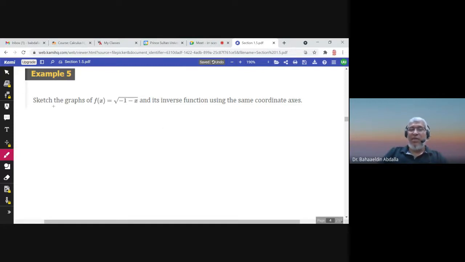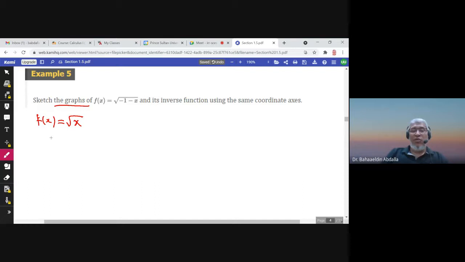He is asking about the graphs of f and f inverse. So we don't have to find f inverse. He needs the graph of f inverse. So let us start by graphing this function. Well, to graph this function, the standard function is the square root function.